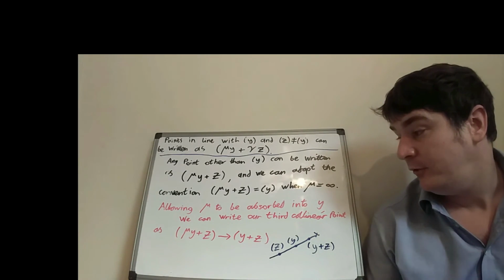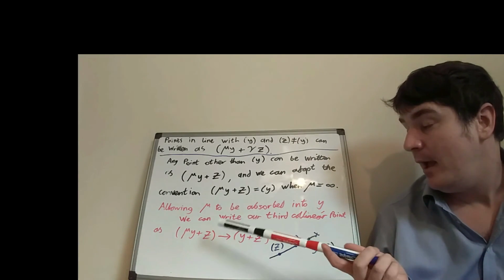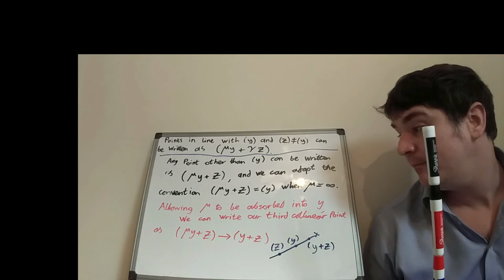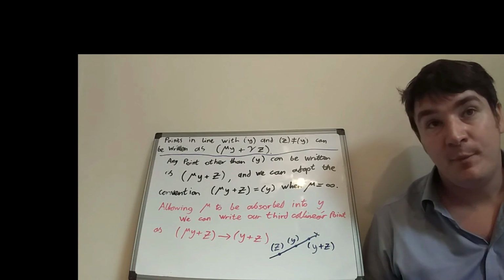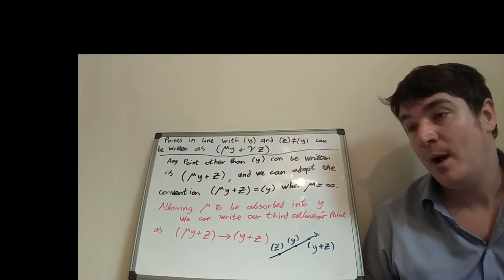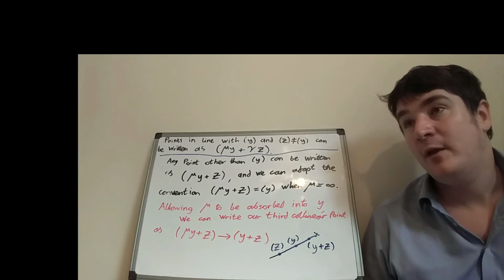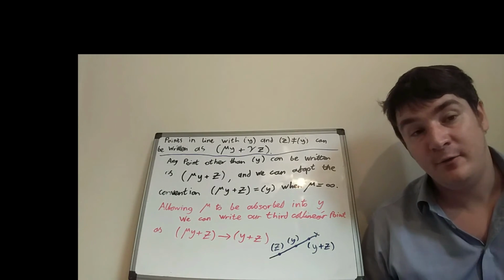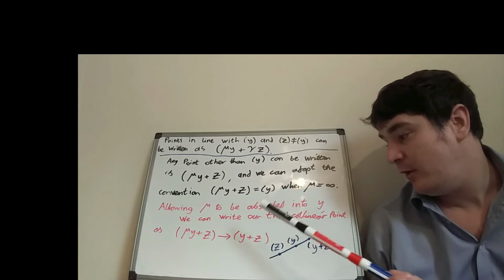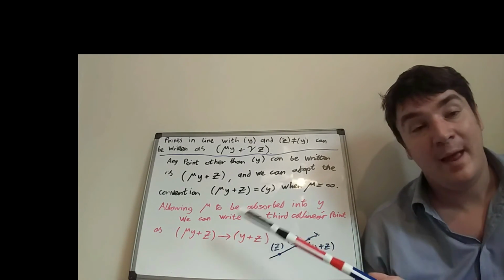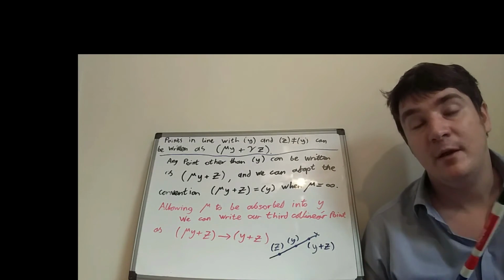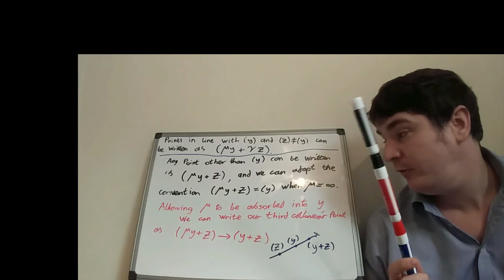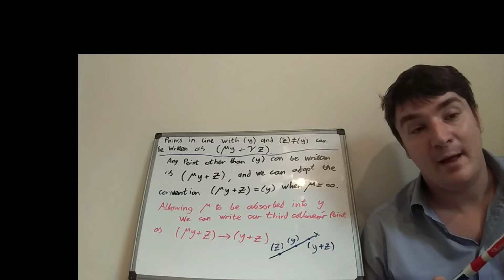So essentially what we're saying here is that in homogeneous coordinates we have the freedom to express a particular point in lots of different ways, and we can take advantage of this in order to write a third point collinear with y and z as y plus z. We can suitably scale up the three numbers in the coordinates of y, so we can do that.